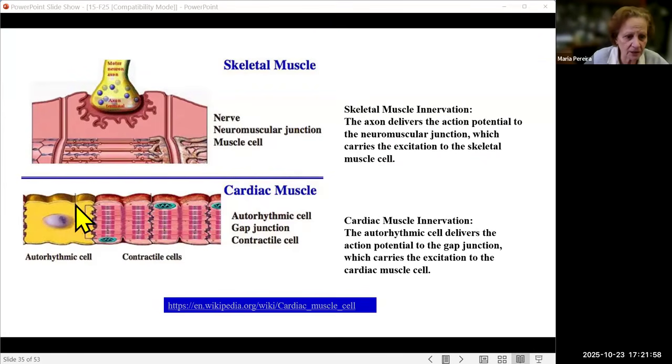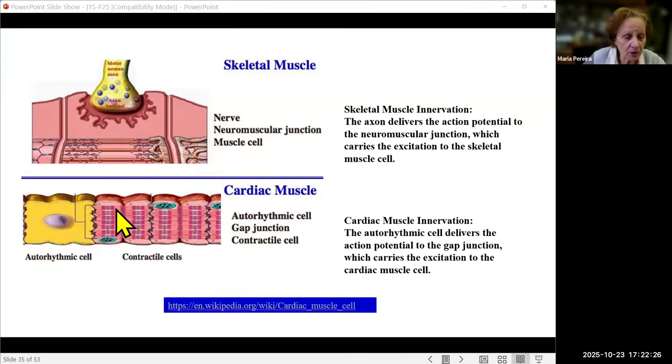Now here, this is in the cardiac muscle. So you have here a pacemaker cell, right, that generates the signal. Remember, this is that 1% of cardiomyocytes in the heart. They generate this electrical signal automatically, and they transmit it to the cardiac muscle.